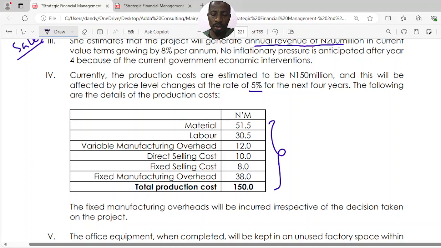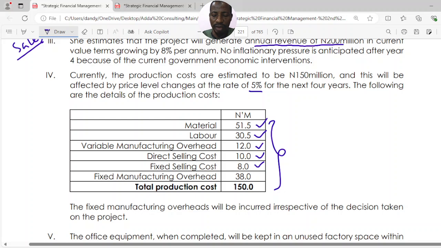Examiner, you have the production cost broken down into all of this. Direct material is relevant. Direct labor is relevant. Variable manufacturing overhead is relevant. Direct selling cost is relevant. Fixed selling cost is relevant. Any selling expenses incurred, whether variable or fixed, is relevant.